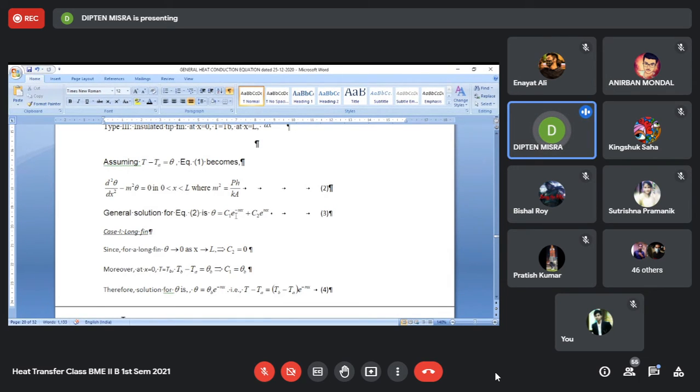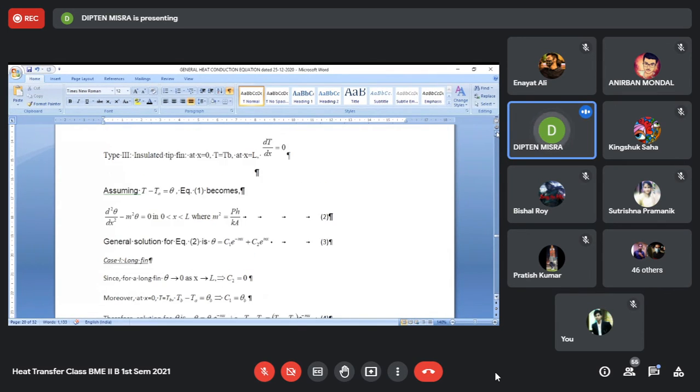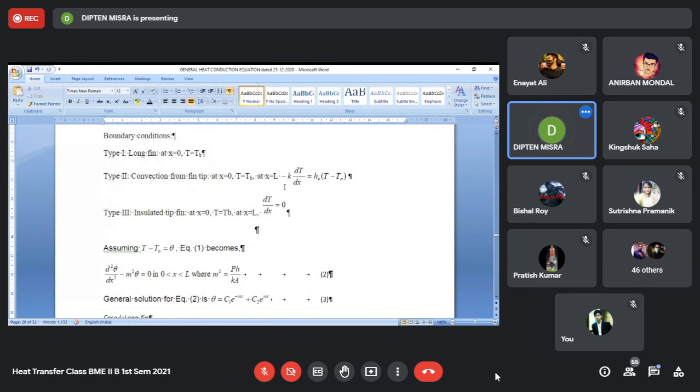That is one equation in terms of c1 and c2, and we will substitute another boundary condition, that is at x equal to L, it is minus k into dT dx equal to he into T minus T ambient. This boundary condition will put at x equal to L. Then what happens? Then how to do it?